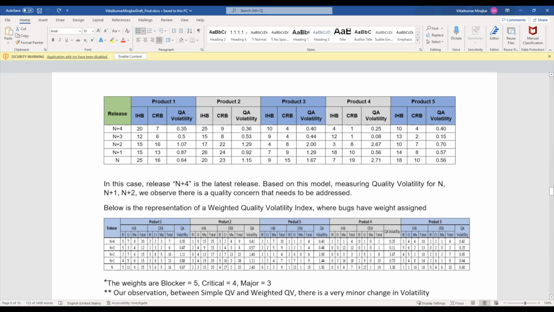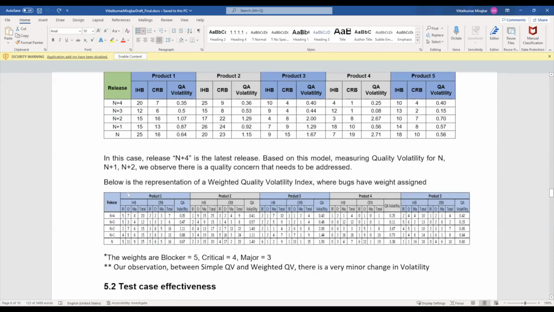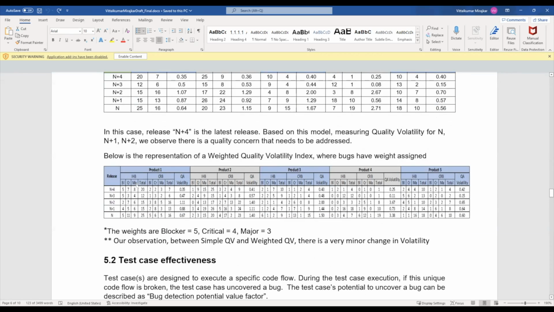If we had to put in a weighted quality measurement, the trick was for us to get the blocker, critical, and major failures categorically captured for in-house, as well as segregated for customer reported bugs. And when we put in the same kind of data for every release, we get a similar ratio.